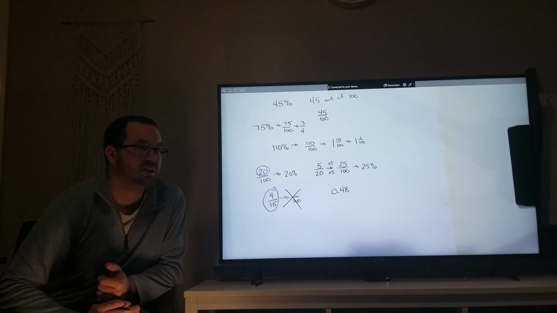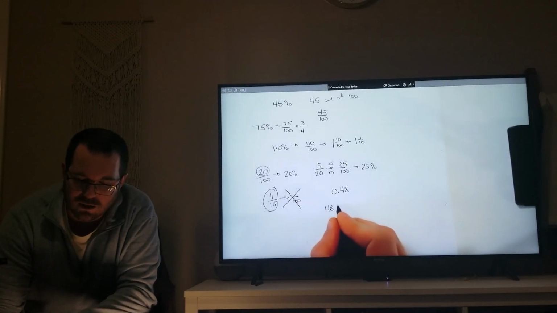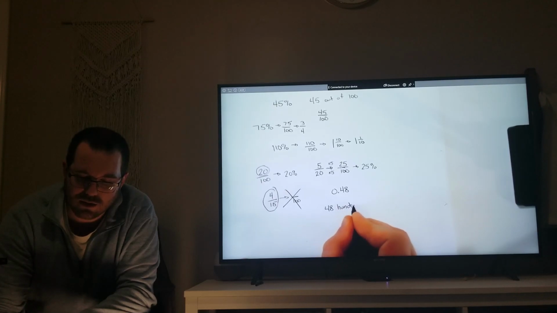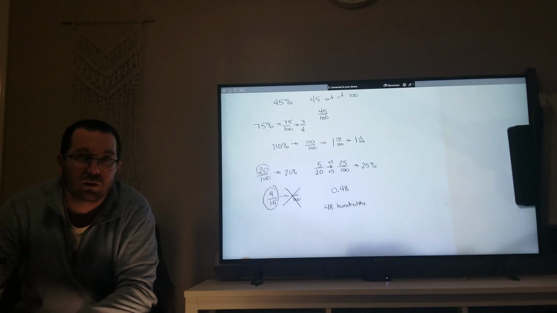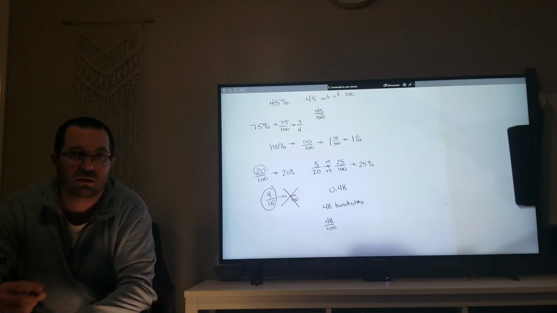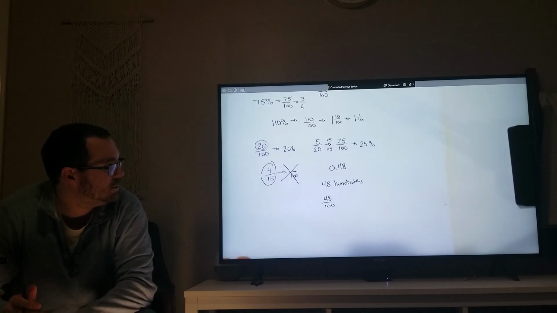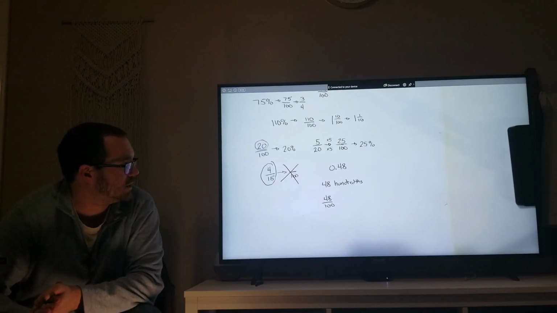So this number is actually the same as 48 hundredths. I can write it as a fraction, and then I can maybe better visualize how to work with this particular number.